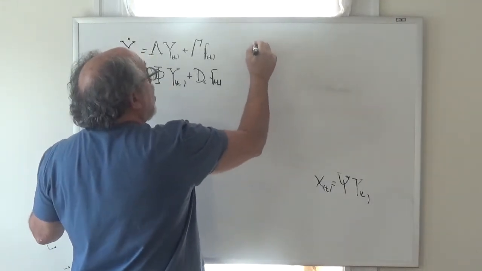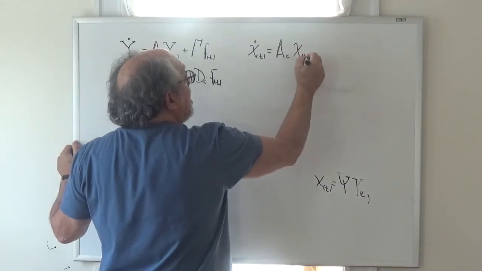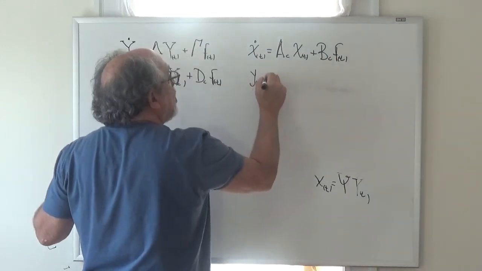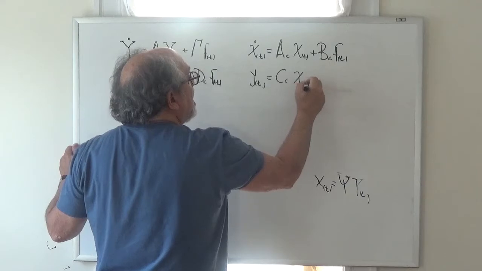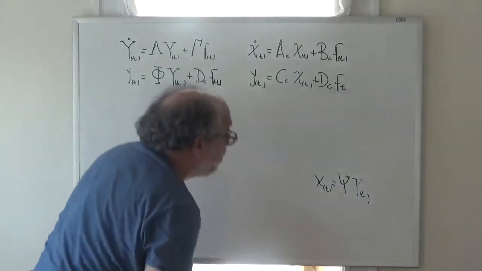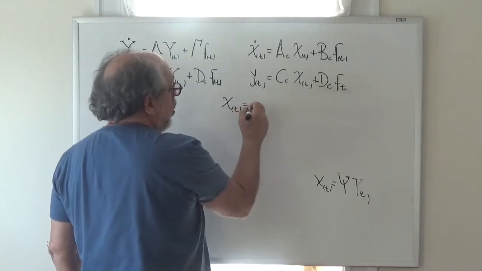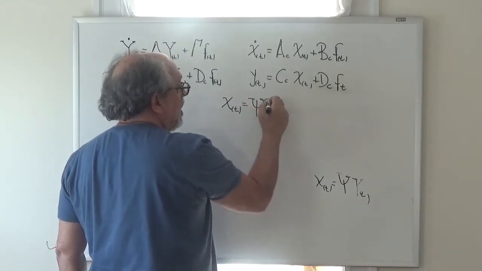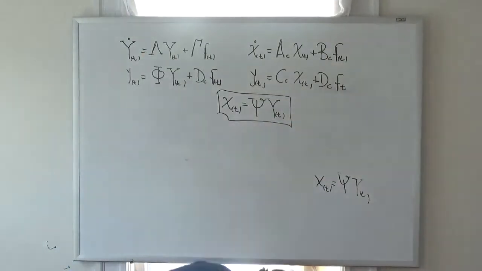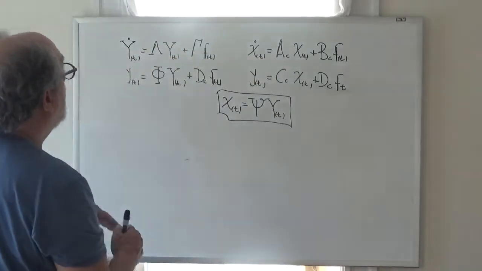Remember that our original was x dot(t) is equal to A_c x(t) plus B_c f(t), and y(t) was equal to C_c x(t) plus D_c f(t), right? All we've done here is that we've made the substitution. x(t) ultimately is this. Right?